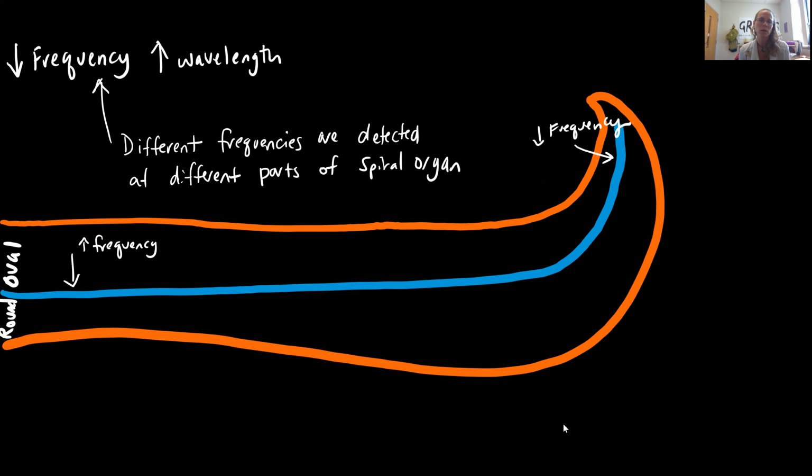So frequency is detected by what part of the spiral organ is being stimulated, how far those pressure waves reach, and then that section of the spiral organ is stimulated.